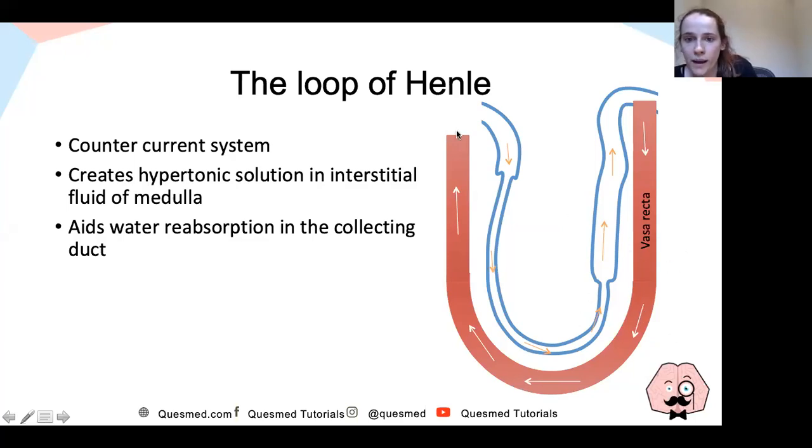It works really well in this area where there's water, because we're having water moving out. Again, at the top, the concentration is really low, so water starts to move out from the tubule into the vasa recta. That then gets moved away, and the bit of filtrate which becomes more concentrated because the water's moved out moves down a bit, and the area which becomes weaker because the water's moved into it moves away.